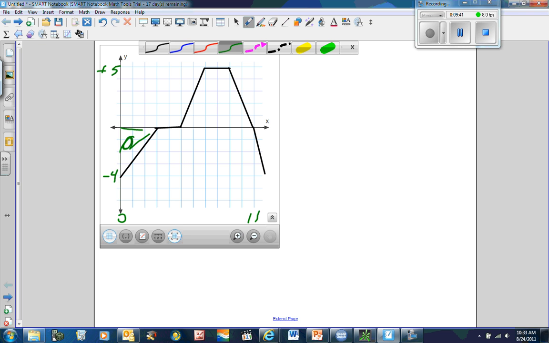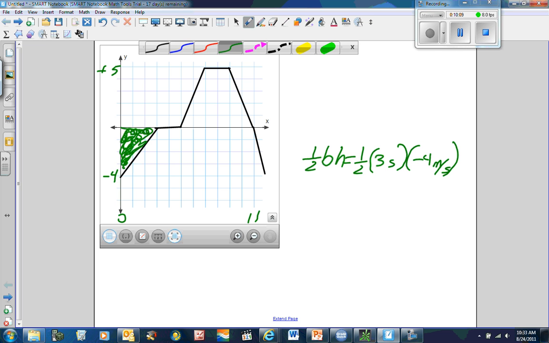This area right here would be a negative area, and we would find that area by saying it's a triangle, so it'd be 1/2 base times height, and that would be 1/2 times 3 seconds times height, which is -4 meters per second.